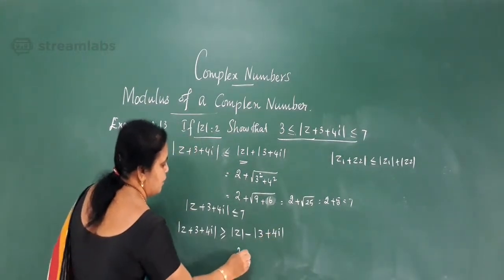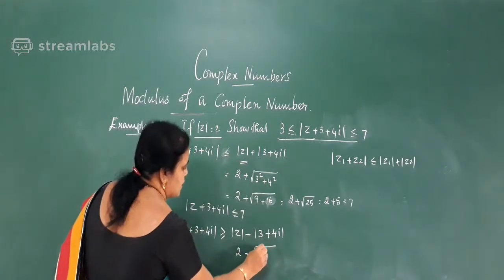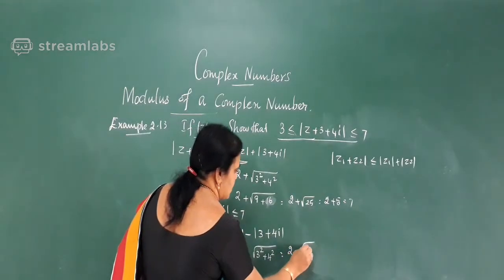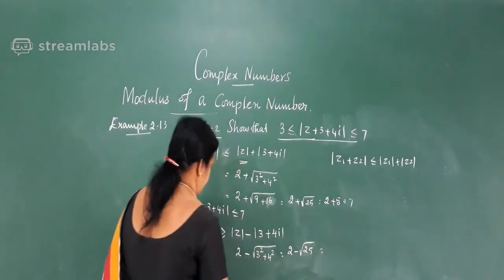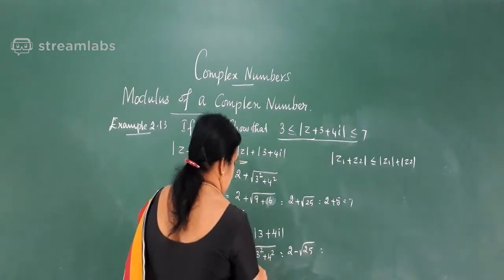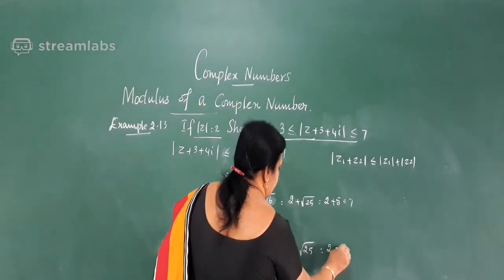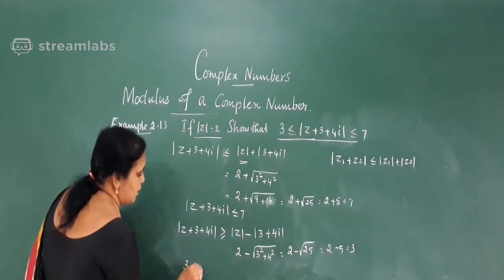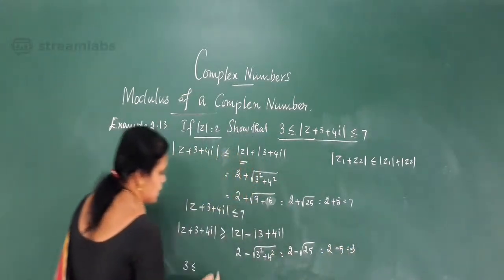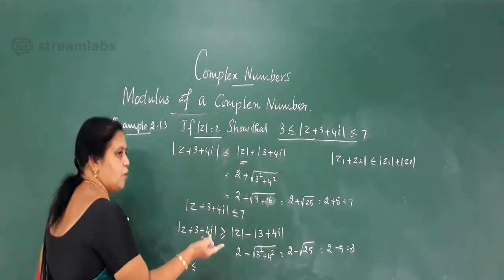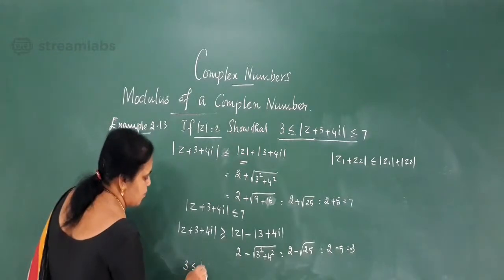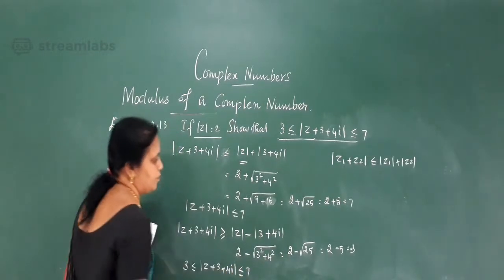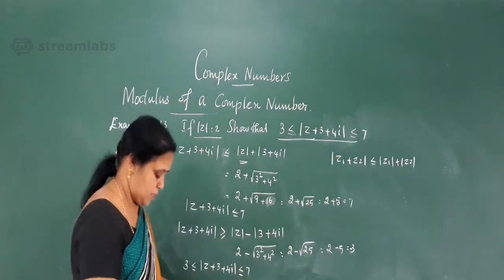What is the value? 2 minus root of 3 squared plus 4 squared, 2 minus root 25, 2 minus 5 is equal to minus 3. Here minus 3 will come. Since it is greater than or equal to, the minus 3 changes and we get 3. So mod z plus 3 plus 4i lies between 3 and 7. This is the answer for this.